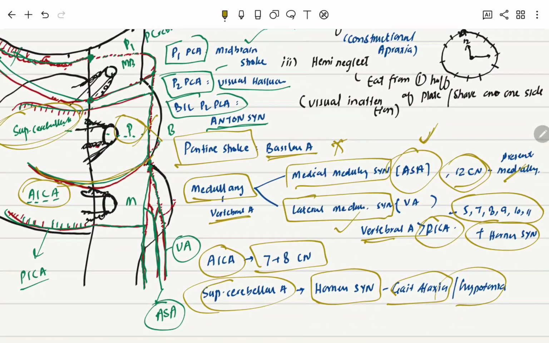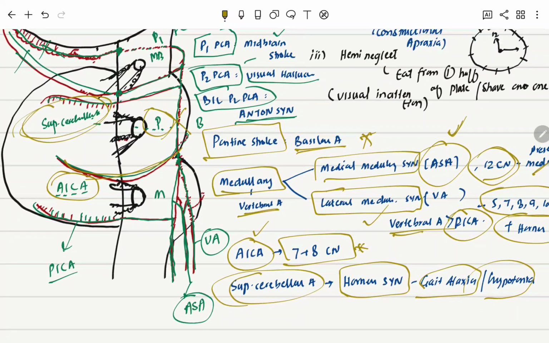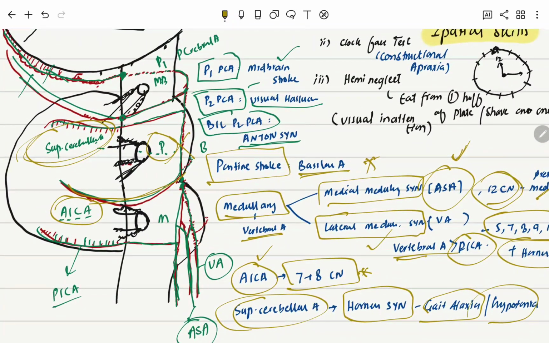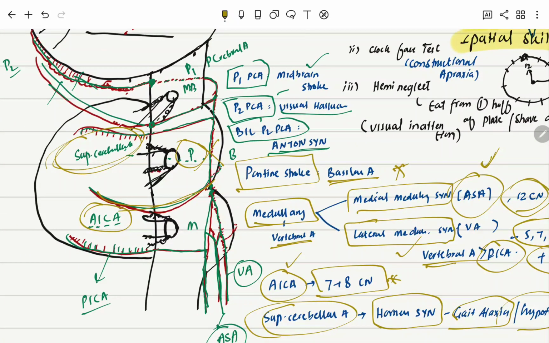If we have the features of 7th and 8th cranial nerve palsies, we are going to think that the anterior inferior cerebellar artery is involved. So that's all about the third part of the neuroanatomy, and we're going to discuss all of these syndromes in the next video.